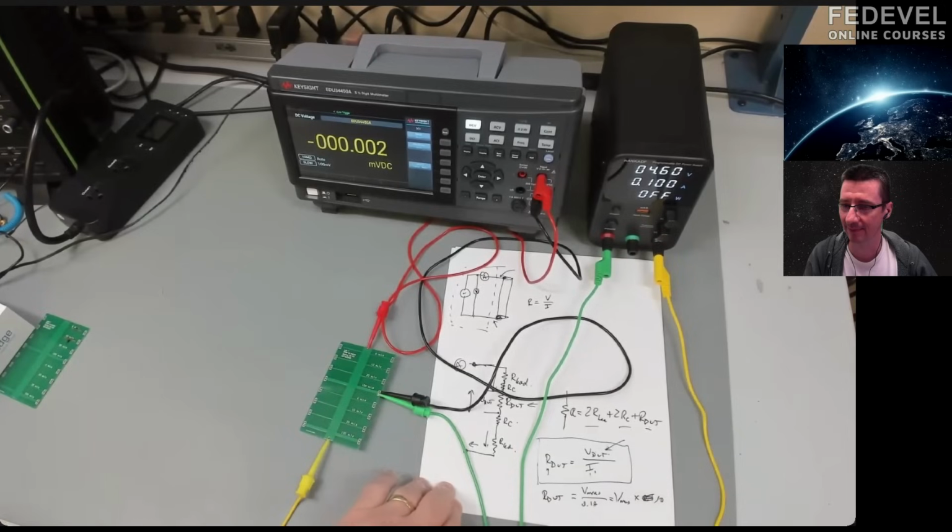And so the voltage we measure is 5 milliohms divided by 10. That's half a millivolt, 500 microvolts is what we should measure.